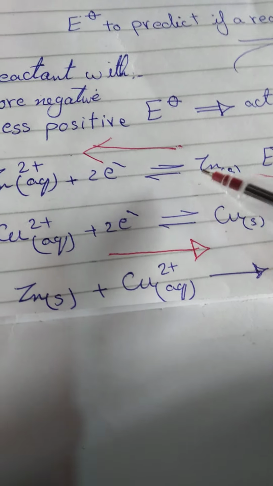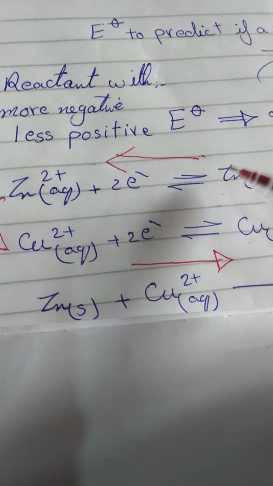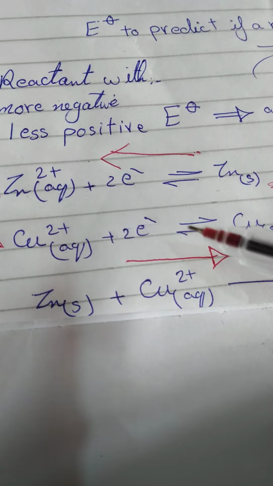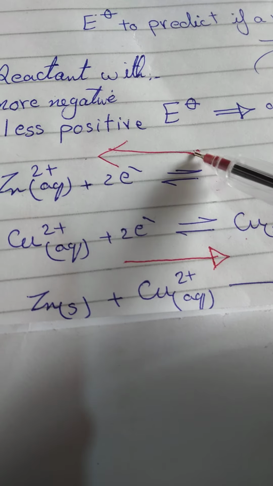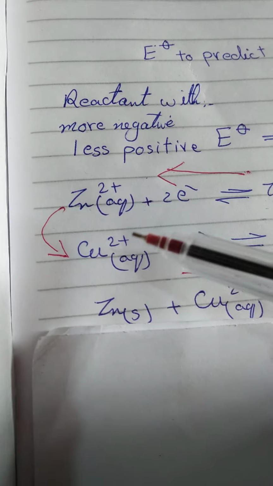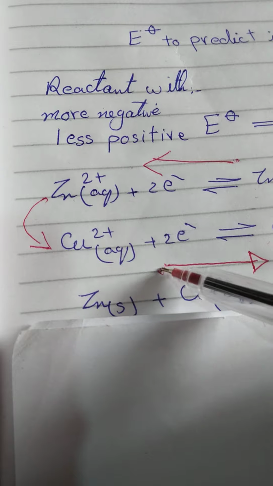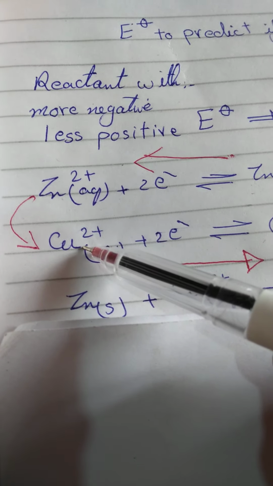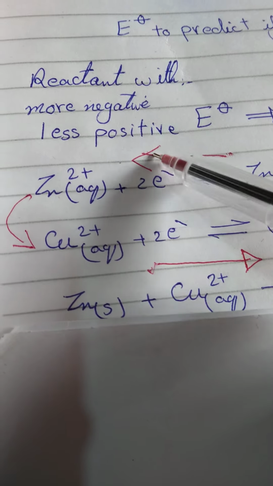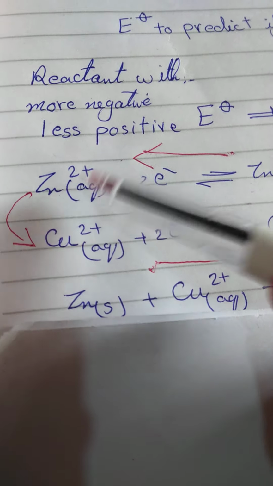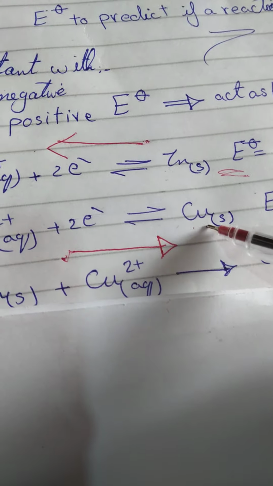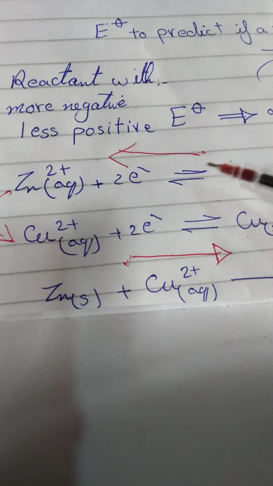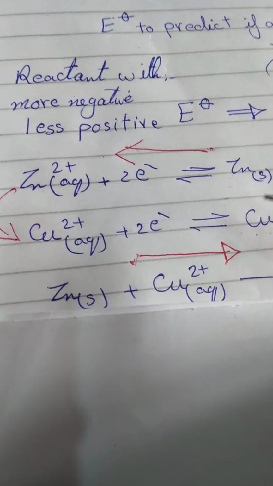So if we add these four substances together, zinc and copper metals and zinc and copper ions, what will happen? Zinc as a metal will react with copper as ions, to produce what? Our products are at the head: zinc ions, and copper metal. Okay? What about the opposite reaction? It will never happen.